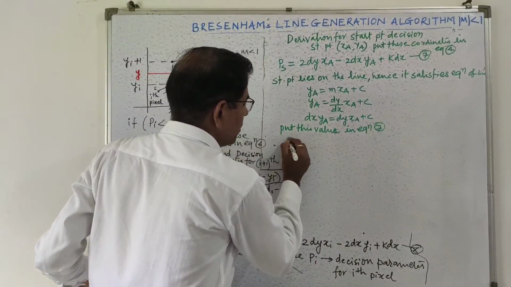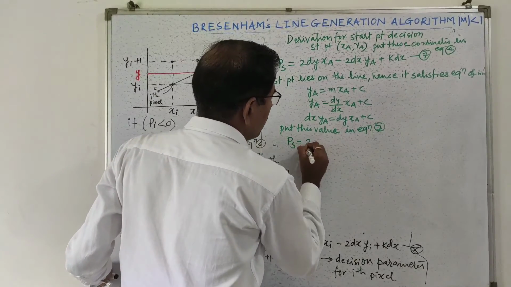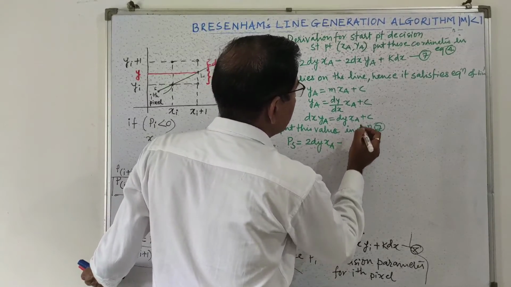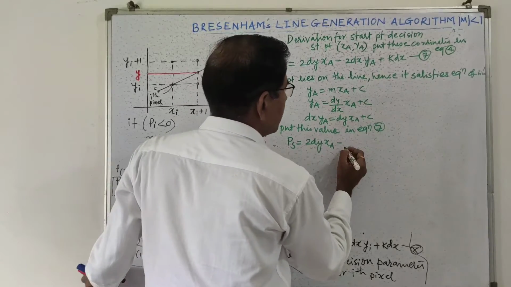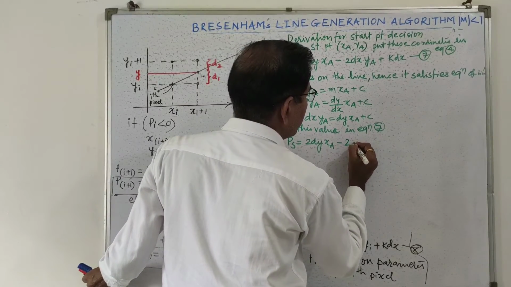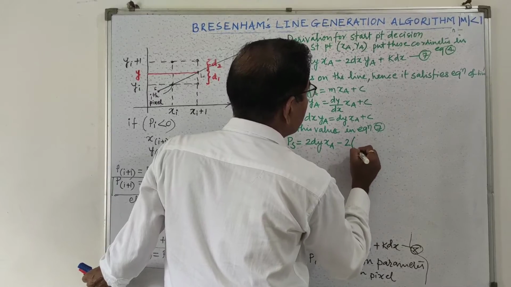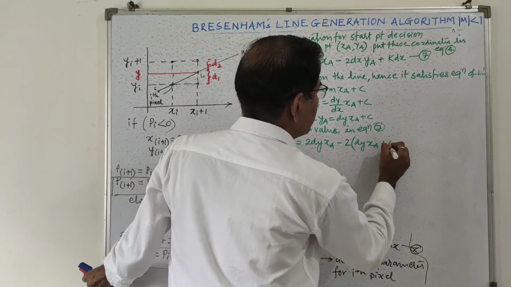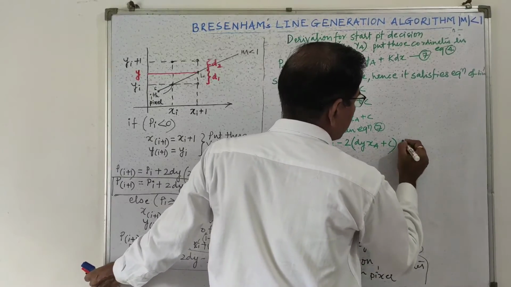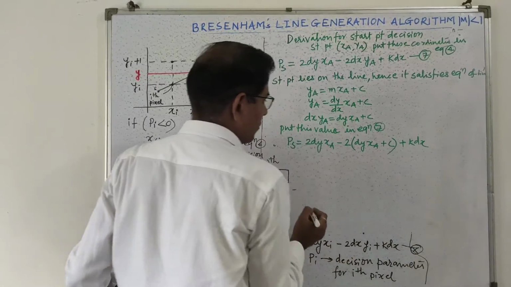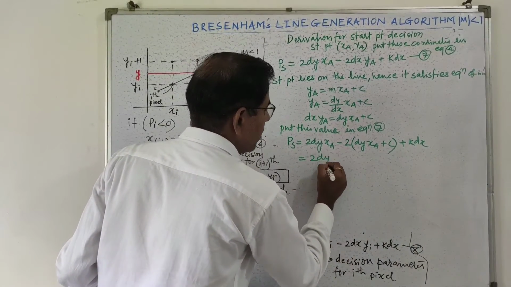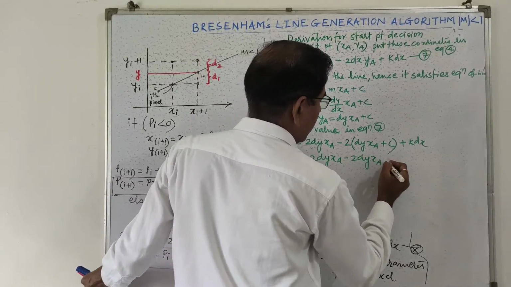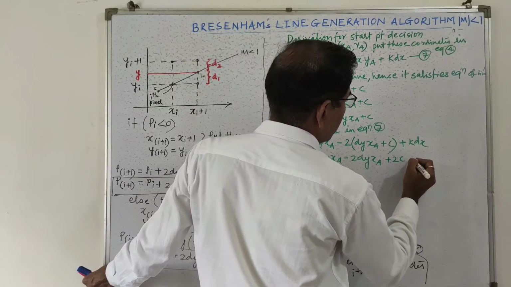So this becomes ps is equal to 2 dy xa minus 2 dy xa plus 2c dx plus k dx.